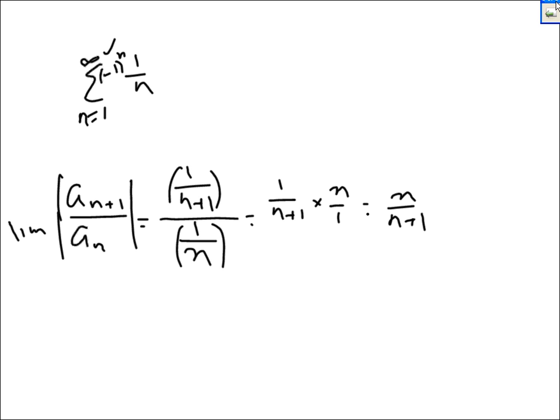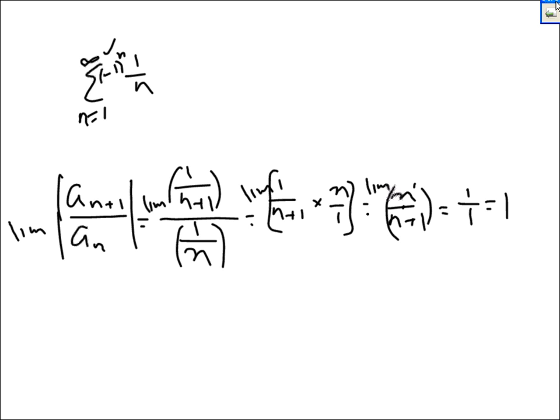If you take the limit of that, since the highest powers in the top and the bottom are the same, you just divide the coefficients in front of those leading terms. It's 1n to the 1 divided by 1n to the 1 plus 1. I get 1. The test is not conclusive.